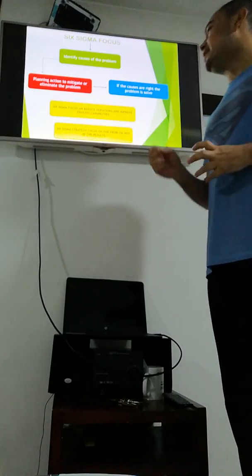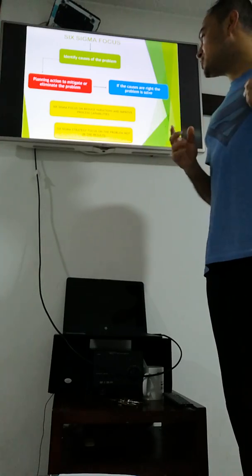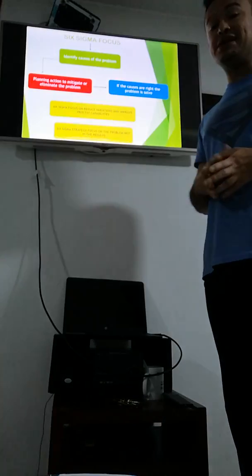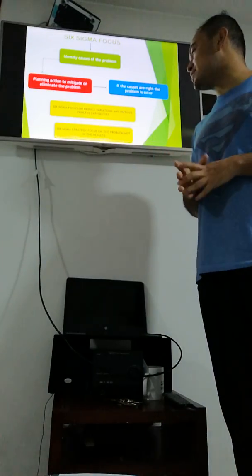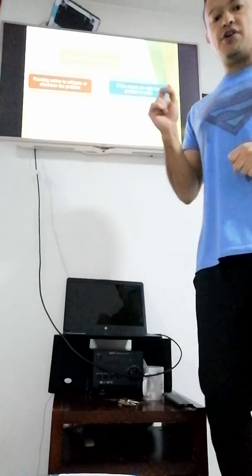Six Sigma focuses on reducing variation and improving process capabilities. The Six Sigma strategy focuses on the problem, not on the results. It focuses on what the business is doing wrong, and what you have to do to improve that.